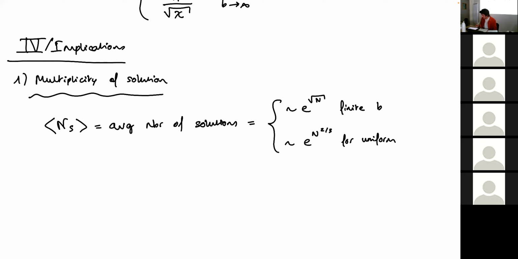And there are two important things to be said around this. For those of you that know spin glasses a bit, the interesting thing here is that the log of Ns, the typical number of solutions, is not equal to the log of the average number of solutions. So there's something tricky going on.